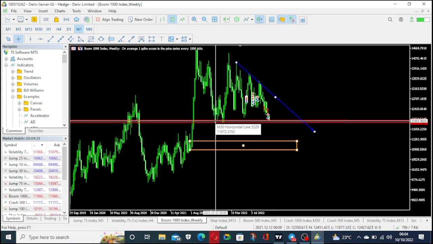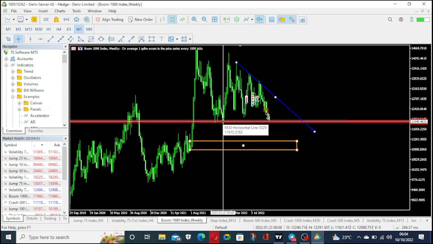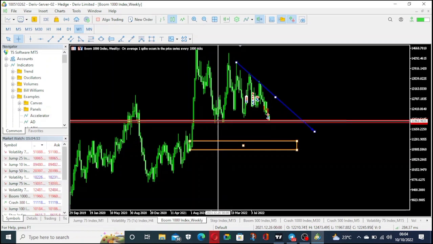This has been since 2021. Wow, such a long time. Around December 2021 it was first retested, and it was retested again around December 26th, and then January.